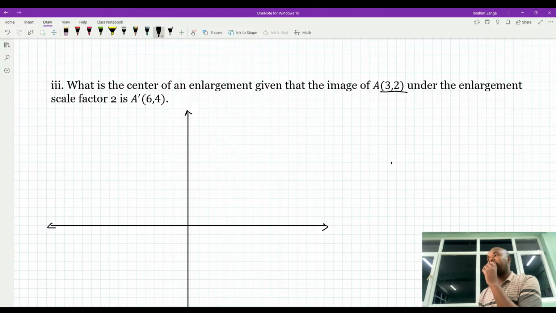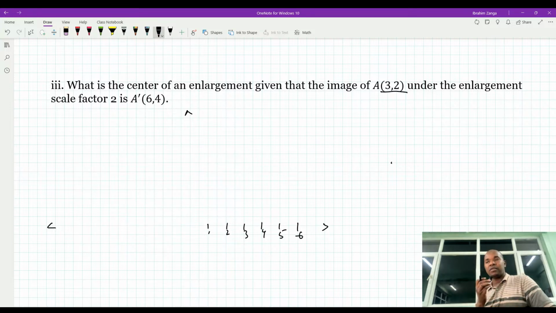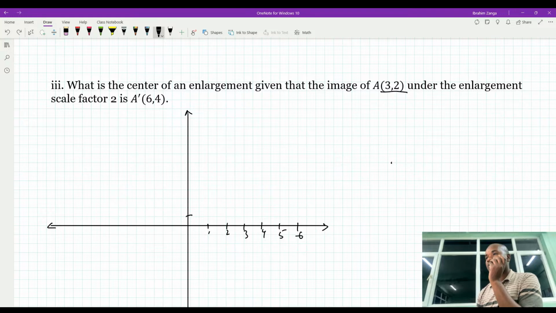So you have 3, 2, that is 1, 2, 3, 4, 5, 6. Then you have 1, 2, 3, 4, 5.